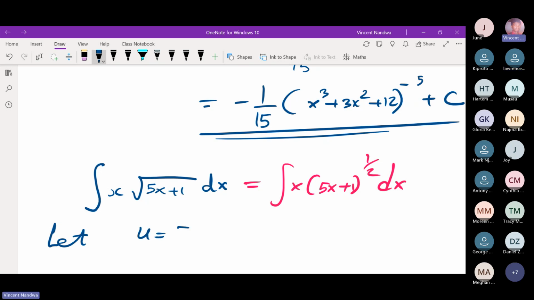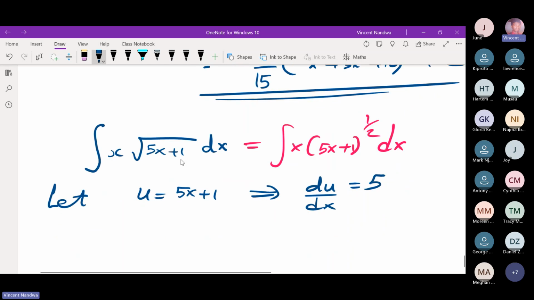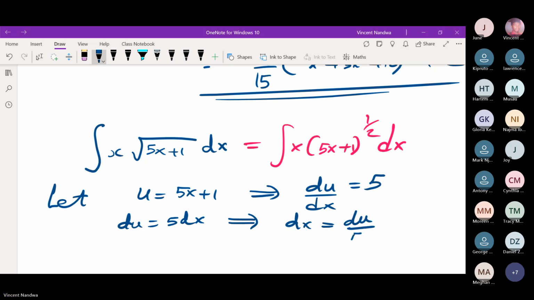So u equals 5x plus 1, which means du/dx will be 5, so du is 5 dx, which means dx alone will be du over 5.